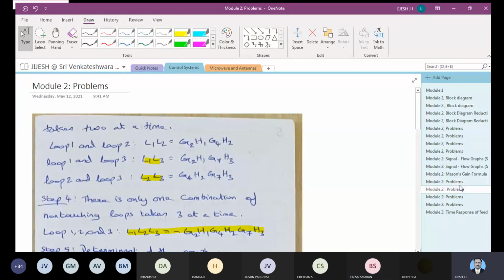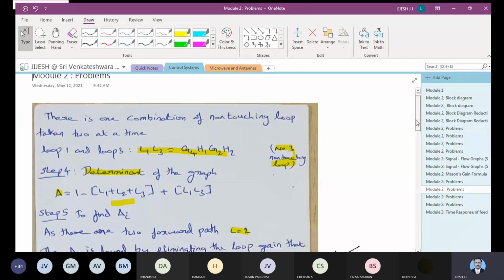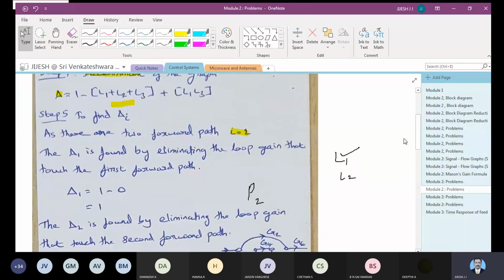So you told that L1 is not touching and L2 is touching, so I don't have to bother about L2. I will leave this off, and L3 also I will leave off. So L1 will be retained, L2 will become 0, L3 will become 0, and since the combination term involves L3, it also will become 0.